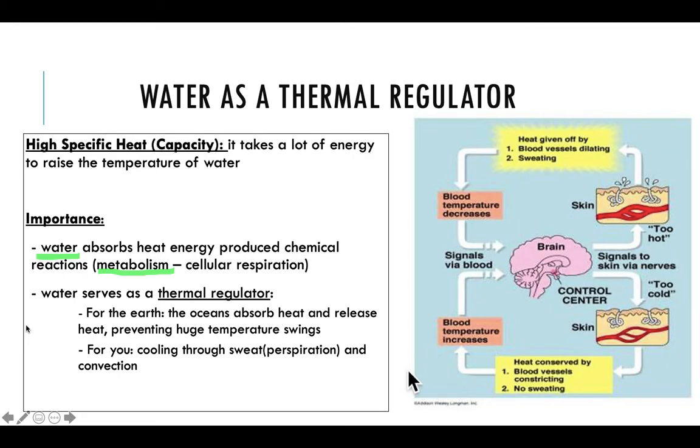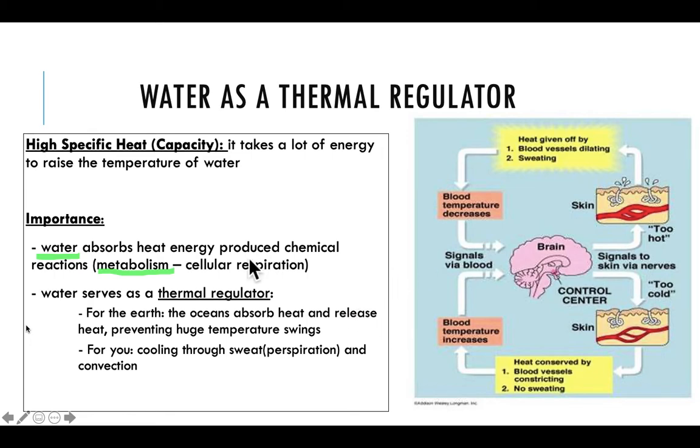Homeostasis is the ability of your body to maintain a stable internal environment. If we did not have these properties of water to rely on, we would have a really hard time maintaining our internal body temperature of 37 degrees Celsius and interacting with our environment.